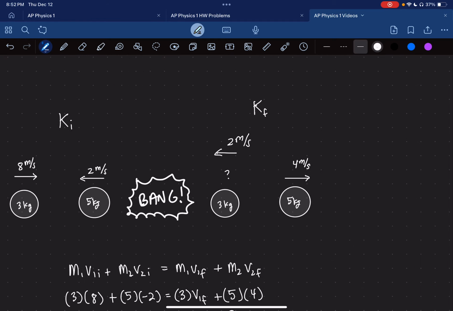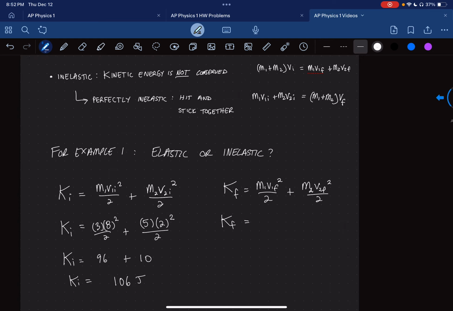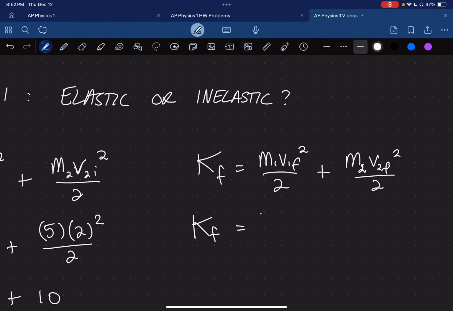So 3 with 2 squared, and 5 with 4 squared. Looks like 6, and 8 times 5 is 40.